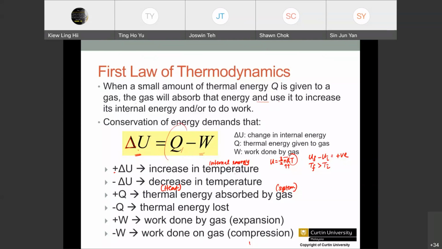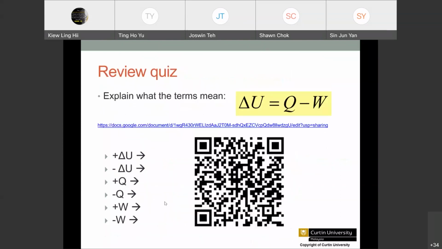So take 10 seconds to memorize this, and I want you to write them down on the Google Docs just now. Okay, 10 seconds already. Now, scan this or go to the same link just now and scroll down to write the sign convention.